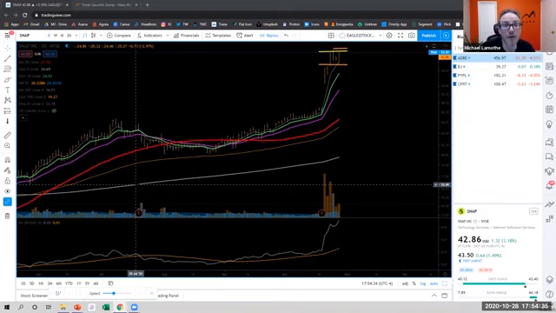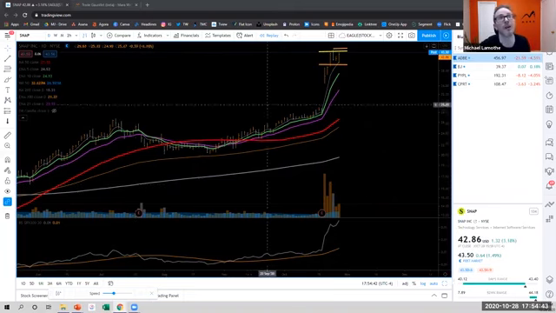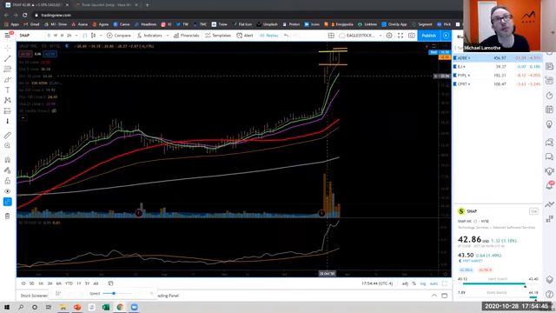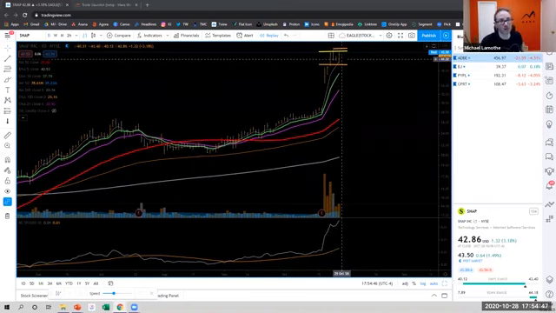If you are going to pyramid in, and this is a form of pyramiding in, where the stock sets up, it breaks out, it gives you another setup to add on to, the way that I trade is to continue to feed my winners if they're offering additional setups.